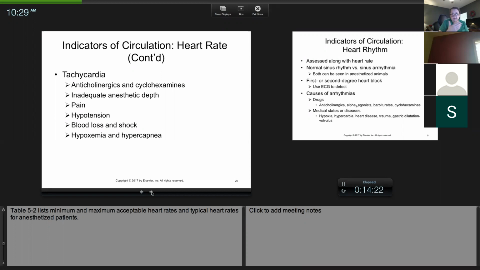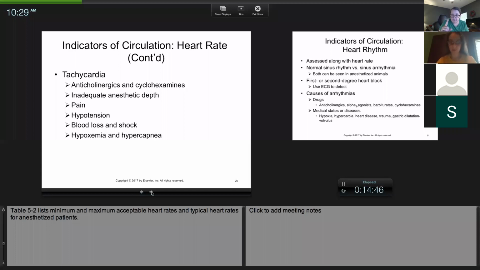I usually end up giving a quarter to a half of the dose. If that works, great. I very rarely give the full dose. If we're doing CPR, I'm giving the full dose. But if they just have a slower heart rate, it's kind of like putting salt in a recipe. If I can get away with half a teaspoon versus a full teaspoon, why not use a half teaspoon if it tastes okay?